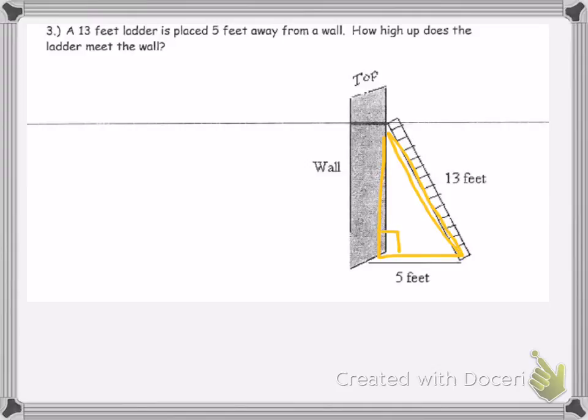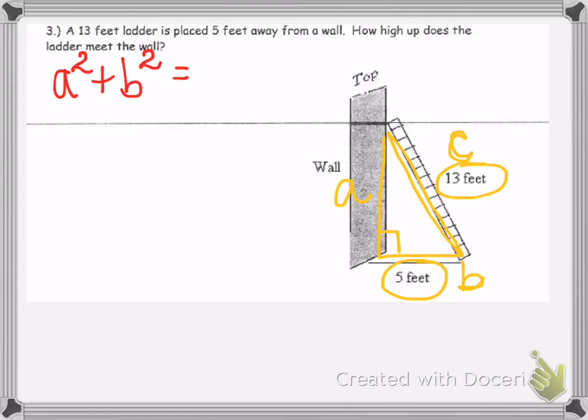Here's my right angle. I don't know this side, so I'm going to call it side a. I know this side, and it forms the right angle, so that is a leg, and we'll call it side b. And this side of the right triangle, which is the hypotenuse, is 13 feet. So again, I'm going to write my Pythagorean theorem, a squared plus b squared equals c squared, and plug in what I know.